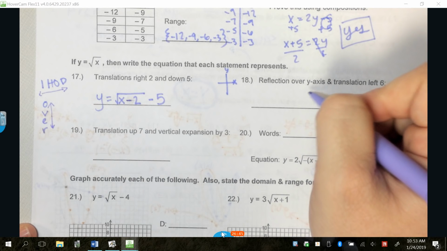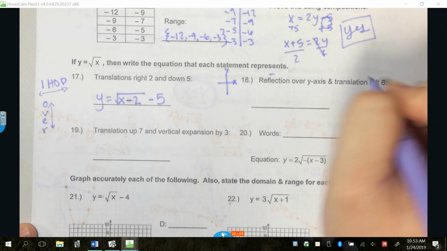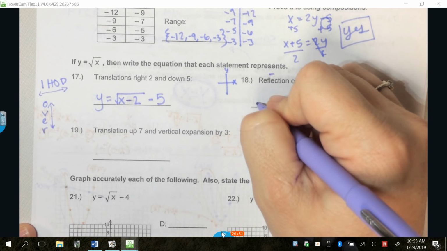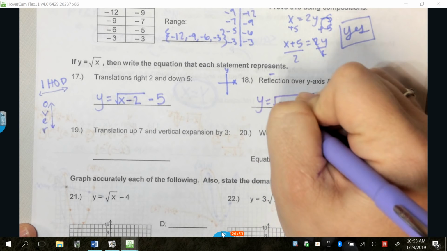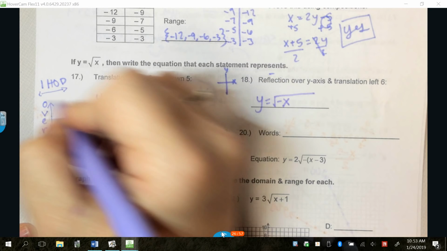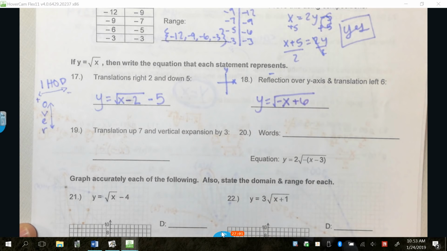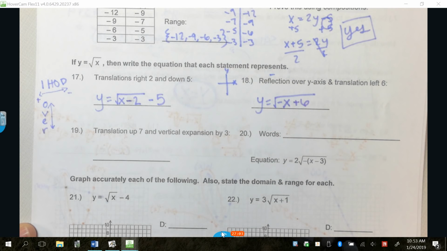So reflection over the y-axis, and reflection means negative, and translate left 6, so left 6 is also an inside change, so y equals square root of negative x, and left 6, so remember, left is plus, while right is negative because it's opposite, so plus 6. I got that one right this time.